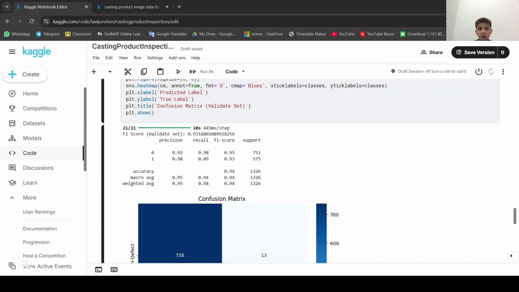Overall, the model performed well, but improving recall for defective products could further enhance defect detection. Techniques like data augmentation or tuning class weights may need to be readjusted.